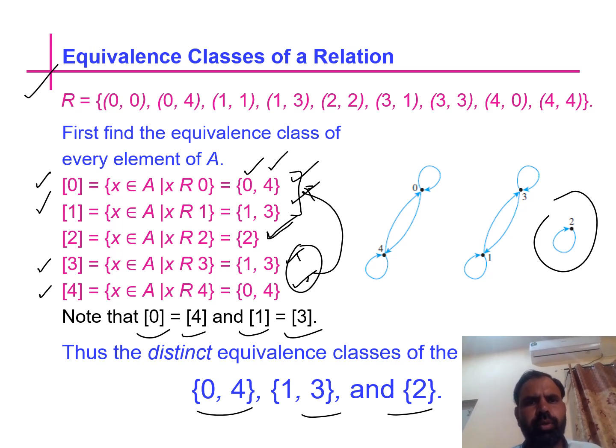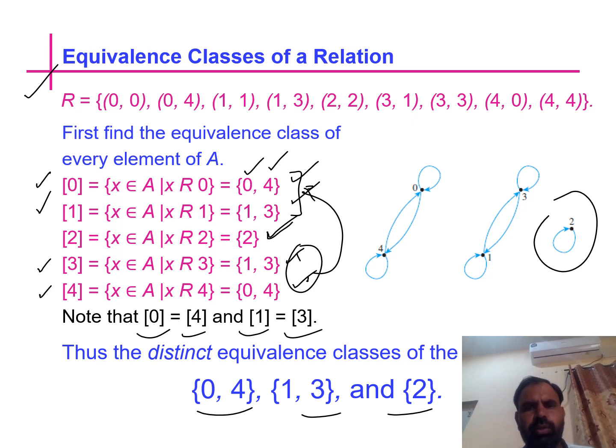First find the equivalence class of every element of A. For 0, the set of x belonging to A such that x relation with 0 is {0, 4}. For 1, the set of x such that x relation with 1 is {1, 3}.